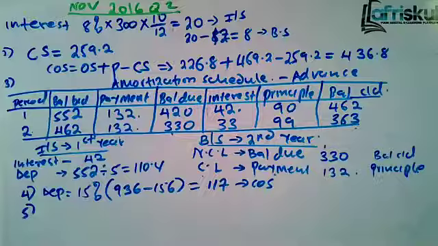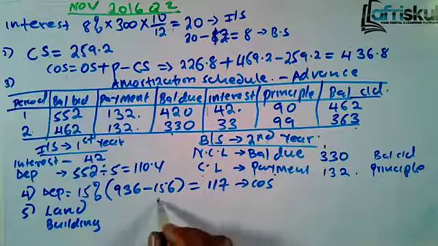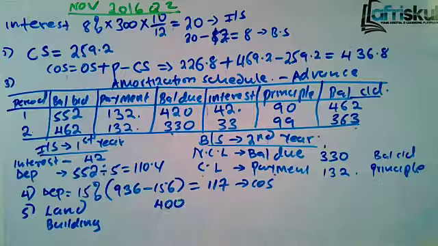Additional information number 5: you are told that land and building were revalued on 1st November 2015. We have land and we have building. Let's go to the trial balance. The land, the cost was 400. Building, the cost was 1,200.